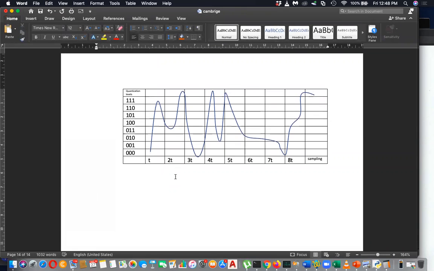So can you tell me the quantization for the first one? T1, what is the value? 0, 0, 0. Okay, what is T2? 0, 1, 1.